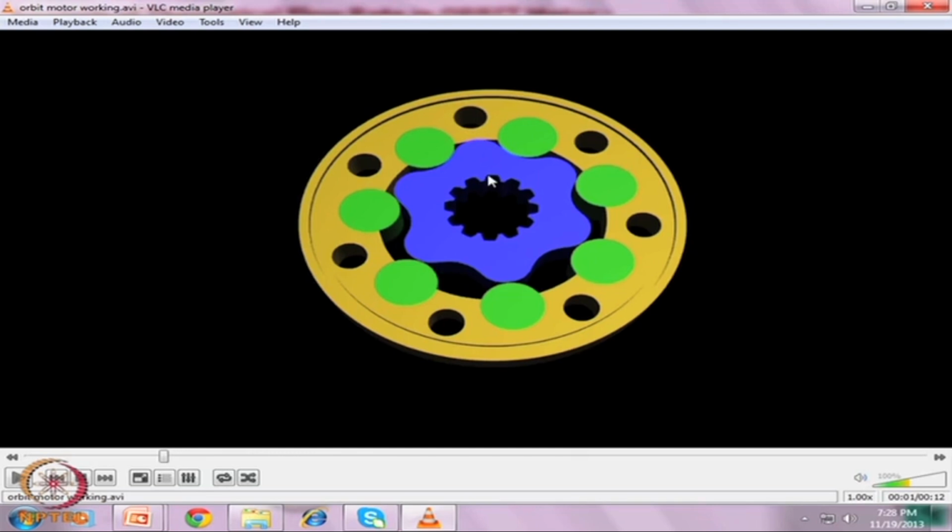Now, at this position we can say the piston is at its top dead center.